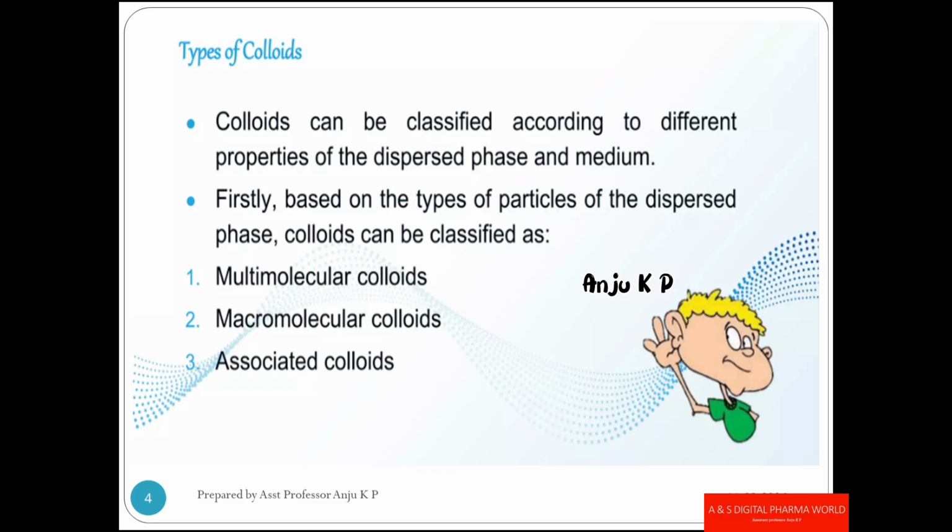This particular concentration we call the critical micelle concentration, CMC. Examples are soaps and detergents. We can remember: low concentration means individual molecules or ions, and above CMC we get micelles of colloidal size. So associated colloids are molecules associated together to form micelles.